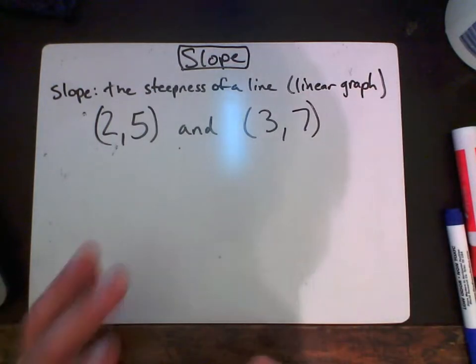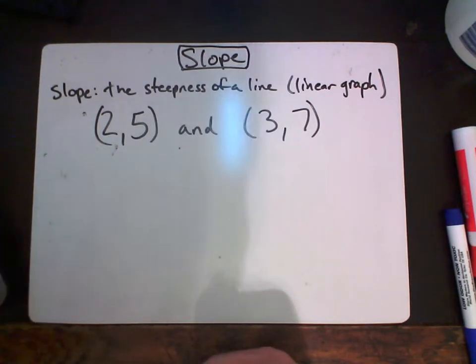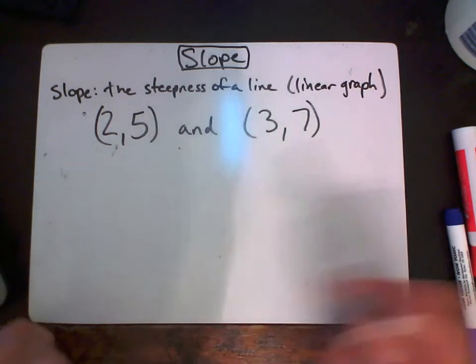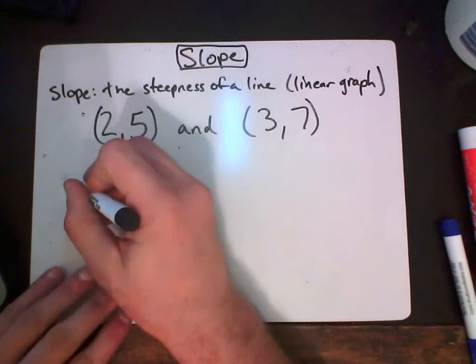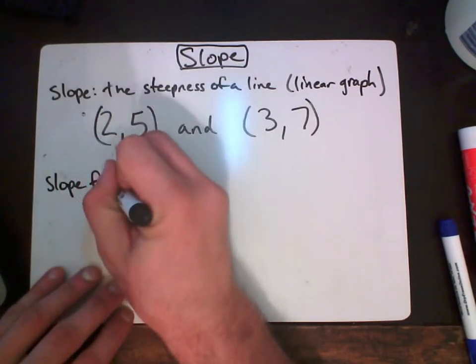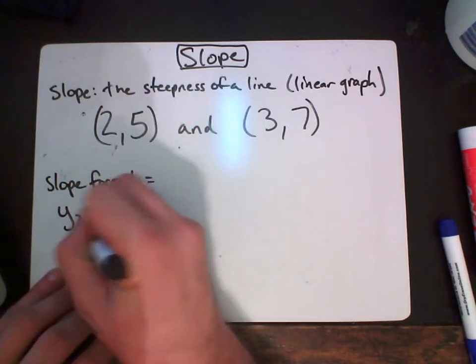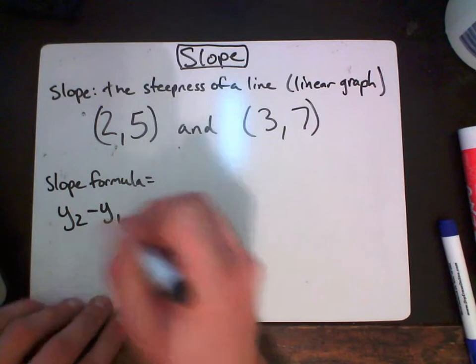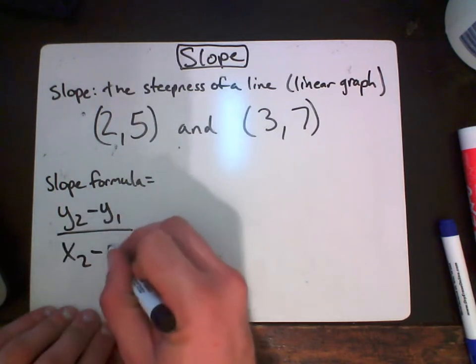I have a wonderful little formula which is called the slope formula. The way that looks is this: y2 minus y1 over x2 minus x1.